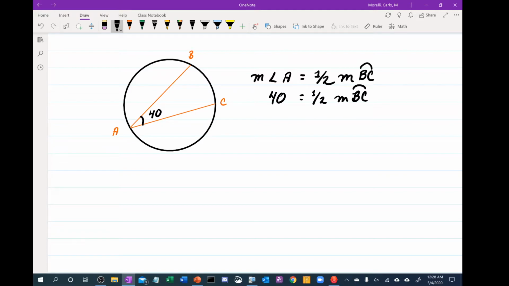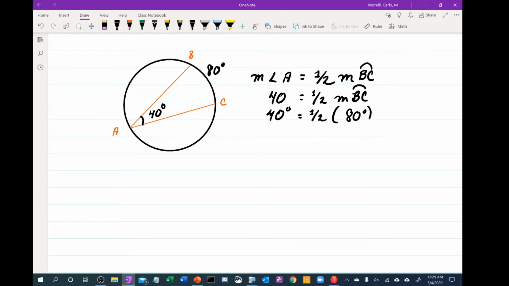So to make a true statement here, we'd have to say 40 equals 1/2 of 80. Because 80 divided by 2 is 40. And these are in degrees. So if the measure of angle A is 40 degrees, the measure of this arc right here has to be 80 degrees.